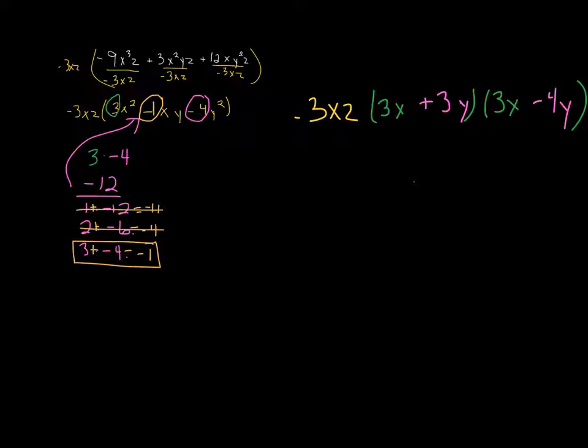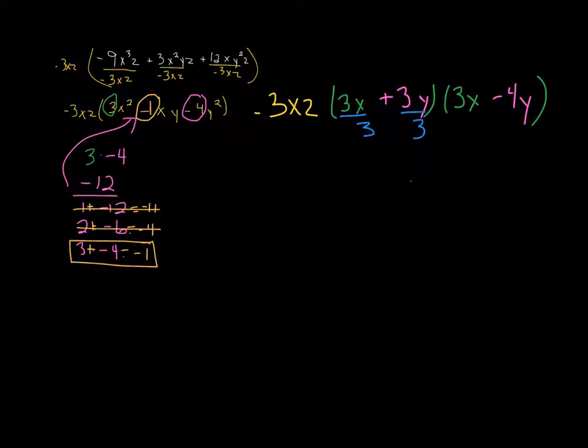Now we need to see where we can throw out the extra 3. And that would be right here in this first binomial. So we have negative 3xz, and then x plus y. Notice I didn't put the 1's because they're assumed. And then 3x minus 4y.